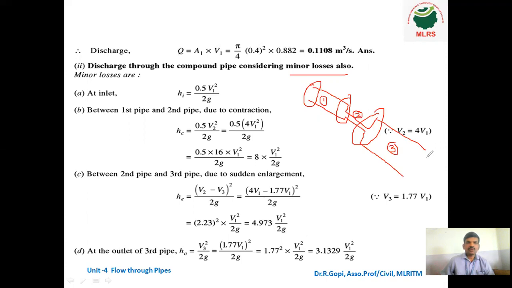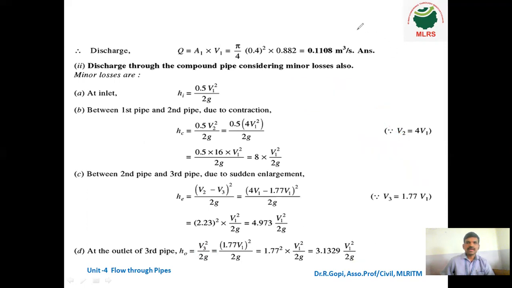Next, at the outlet, this is the outlet. So inlet, sudden contraction, sudden expansion and outlet. The outlet formula is h0 is equal to V3 square by 2g. So this is the formula. Substitute the values, V3 is equal to 1.77 V1, square divided by 2g, which is equal to this answer.